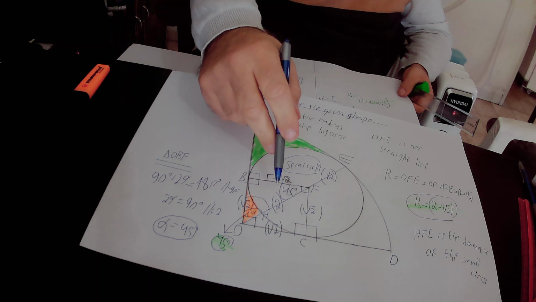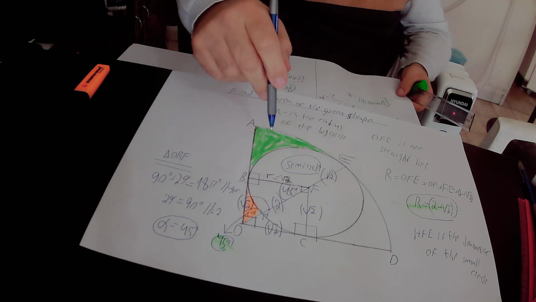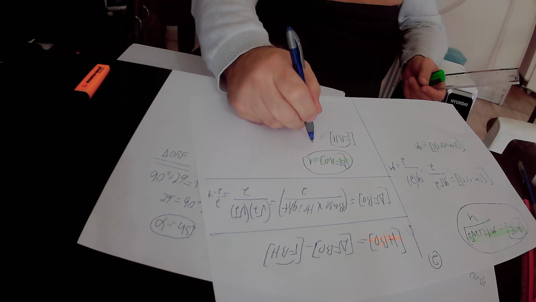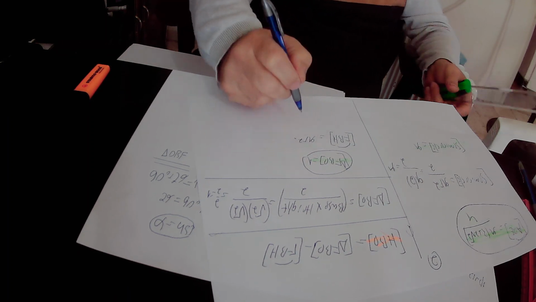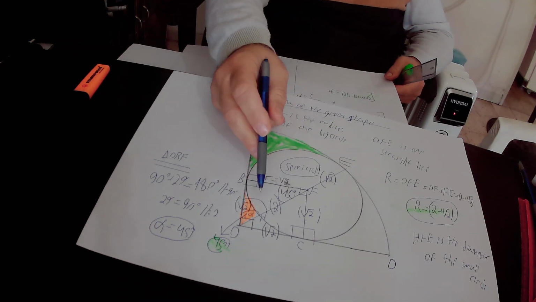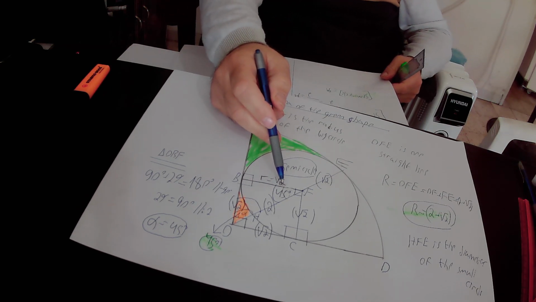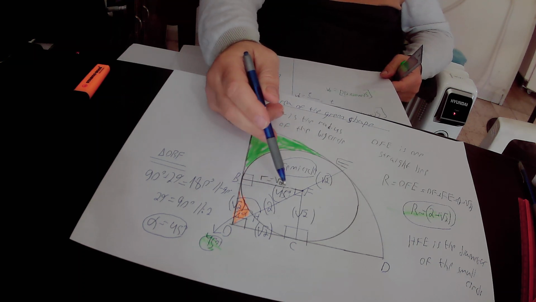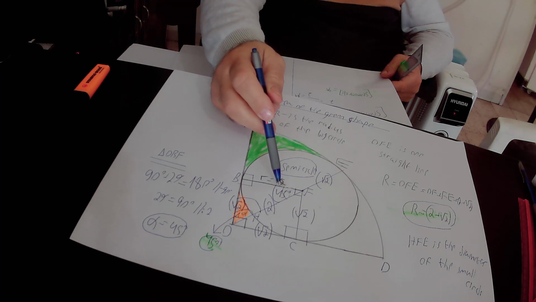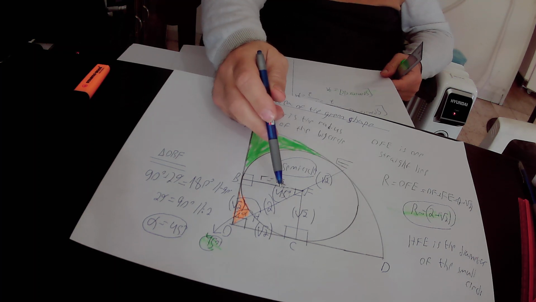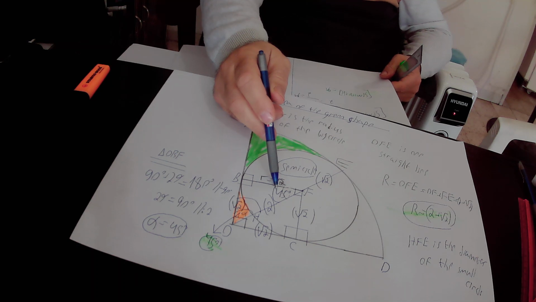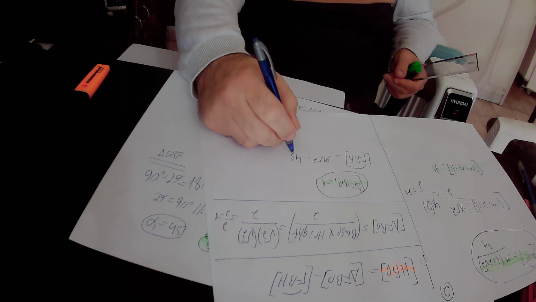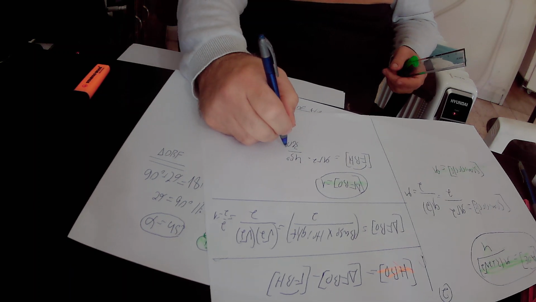So the area of the small sector FBH will be equal to the area of the small circle, that is pi r squared, times the angle between the legs of this sector, the two legs FH and FP. This angle is equal to 45 degrees over 360 degrees.